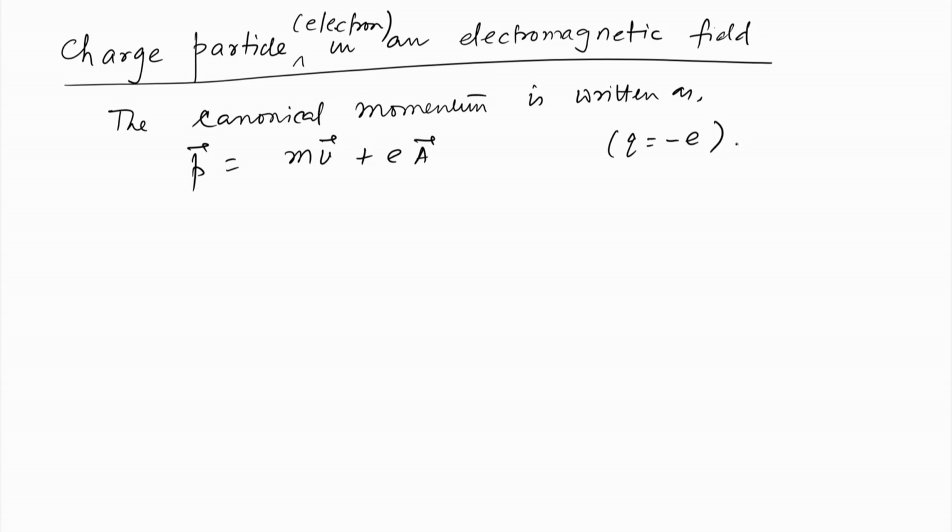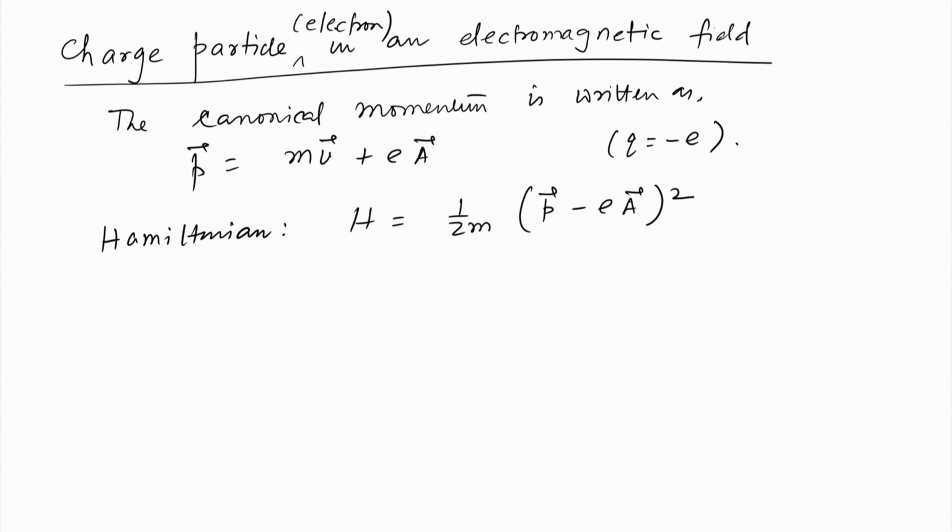So, we have taken a plus e. The Hamiltonian of the system is written as H equals 1 over 2m (p minus e A) whole squared, and of course, we are talking about the Lorentz gauge in which the divergence of A is equal to 0.